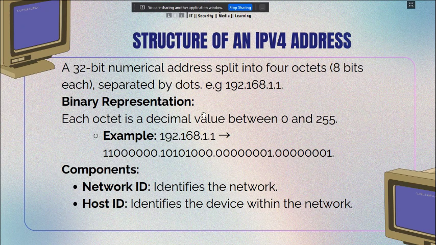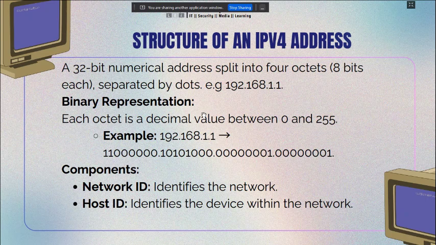So let's carry on. Structure of IP version 4 addresses. Like I earlier said, IP version 4 is a 32-bit IP address, and it is split into 4 octets. For those of you that did mathematics, you know when they talk about an octet, they are talking about 8.